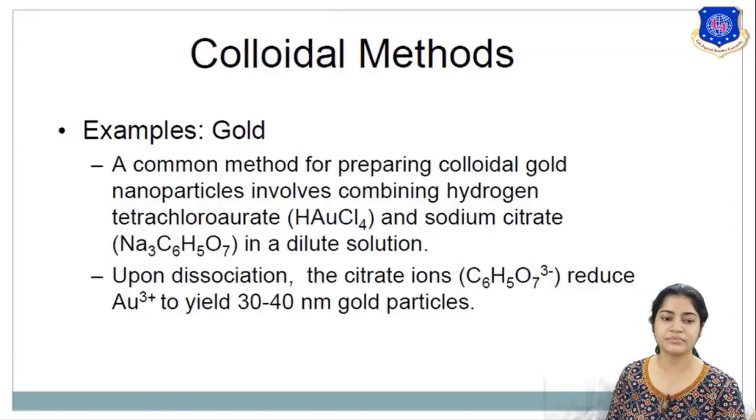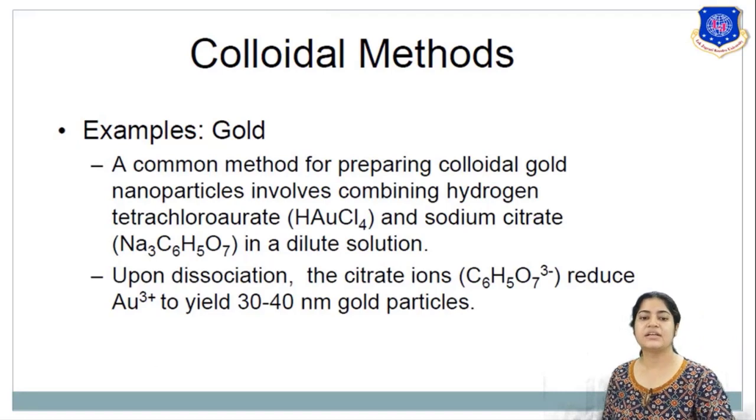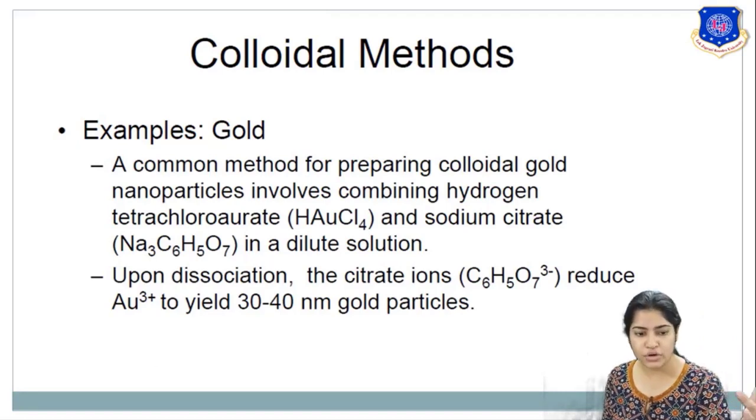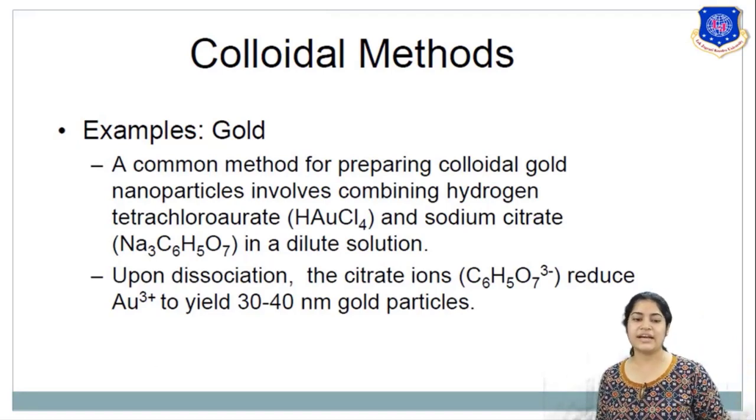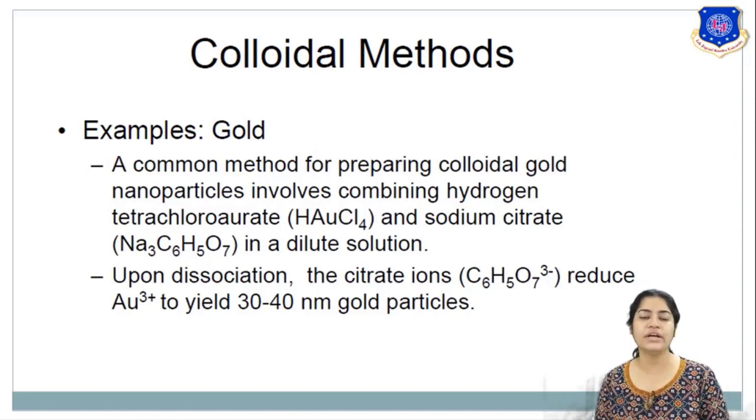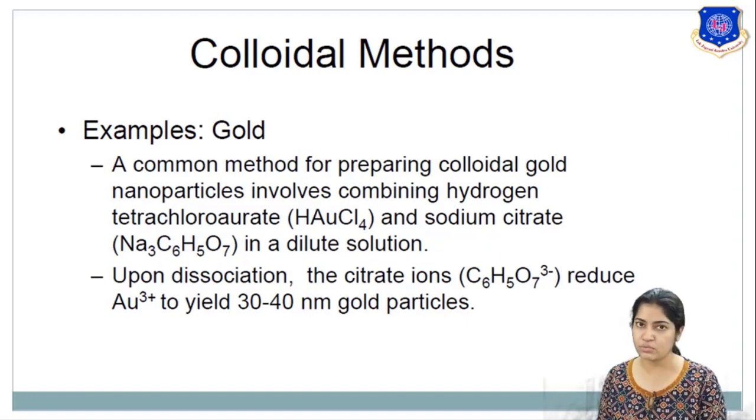An example is the formation of gold nanoparticles. So understand it. If you need to prepare colloidal gold nanoparticles, how are you going to form them? You are combining hydrogen tetrachloroaurate, which is one of the salts of gold. Au is what? Gold.